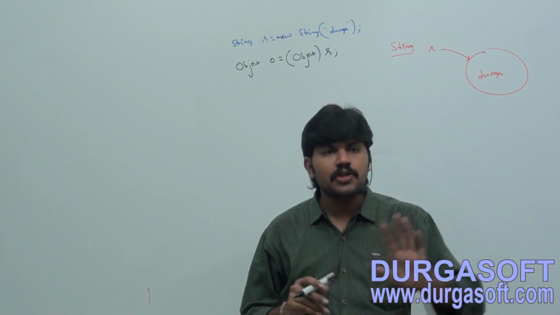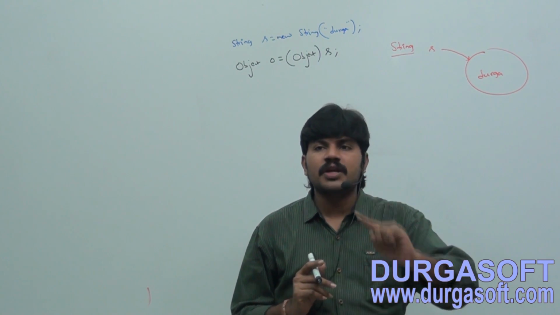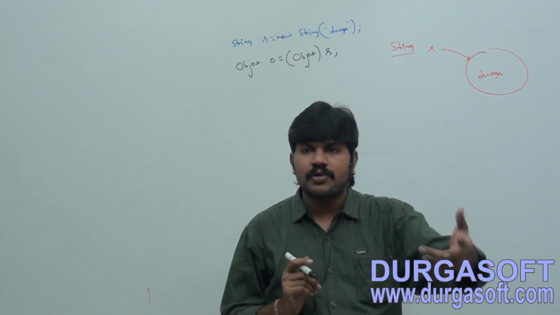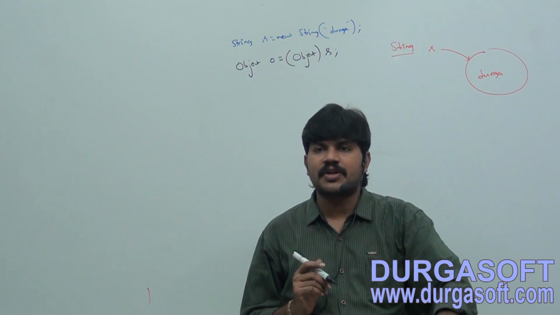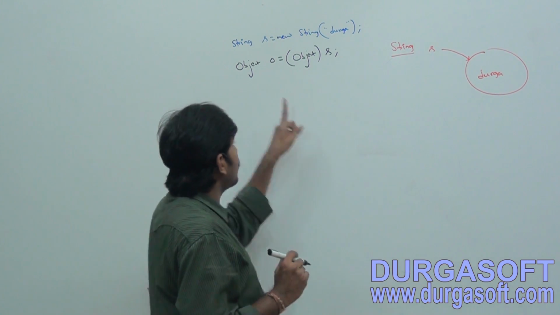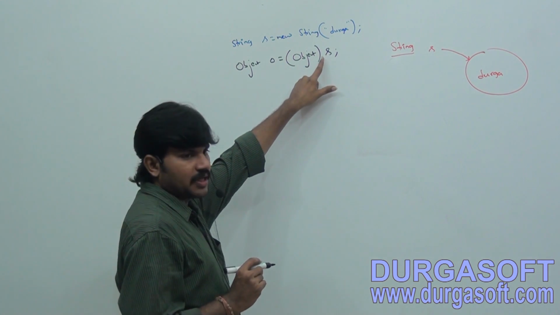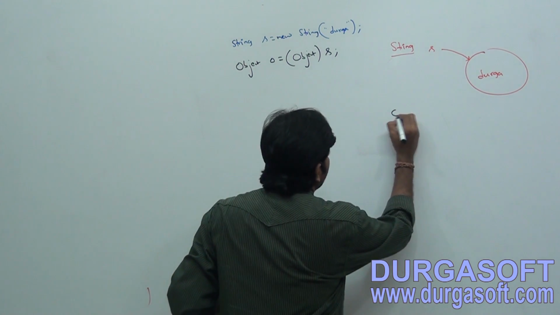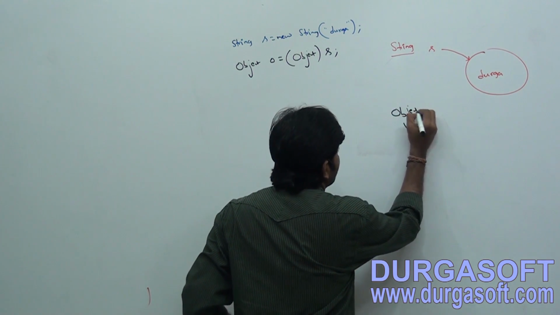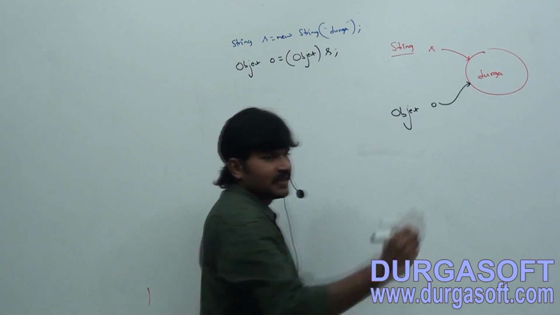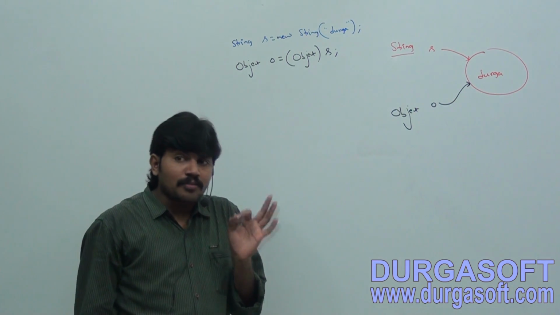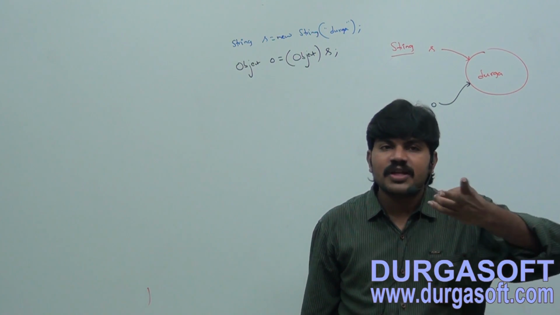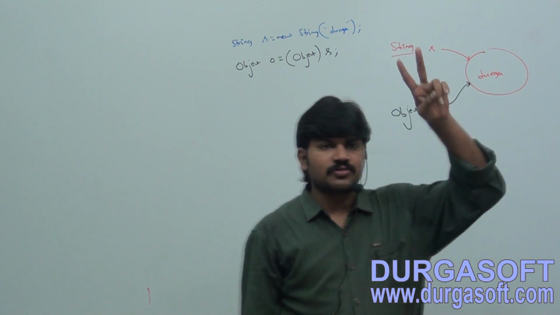We are just providing another type of reference variable for the existing object. For the existing string object, we are providing another type of reference variable, right? Now, how many objects are there? Only one object. How many reference variables are there? Two reference variables.